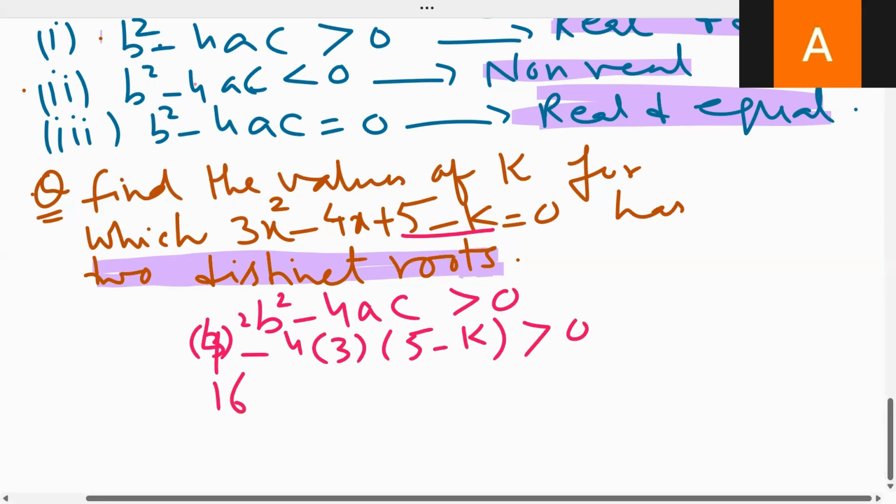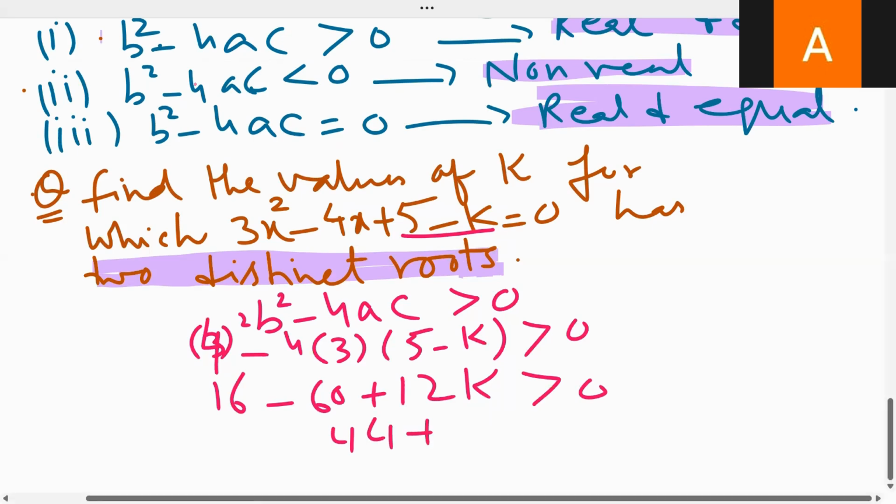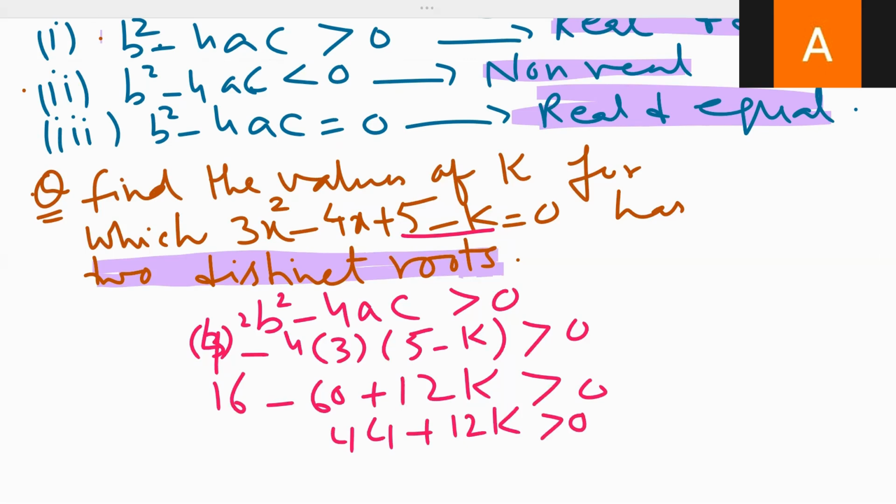Because we are solving an inequality, you will get a range of values of k. Minus 4 whole square minus 4 times 3 times 5 minus k is greater than 0. And when you solve 60 and 16, your answer is 44, plus 12k is greater than 0. Now you can take this 44 on the other side.